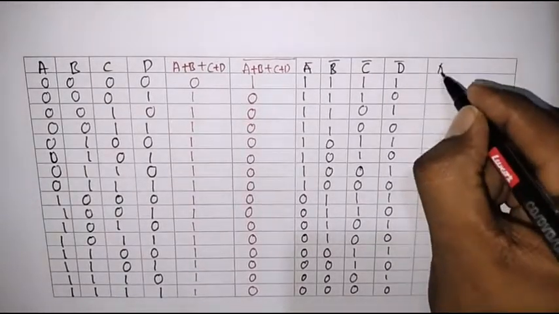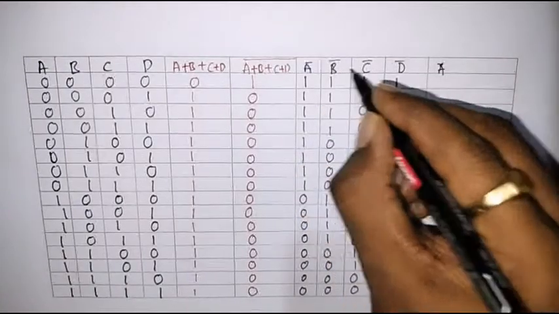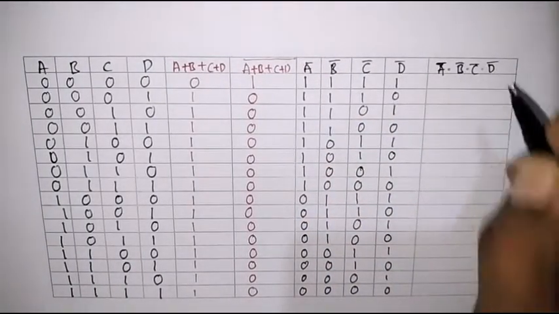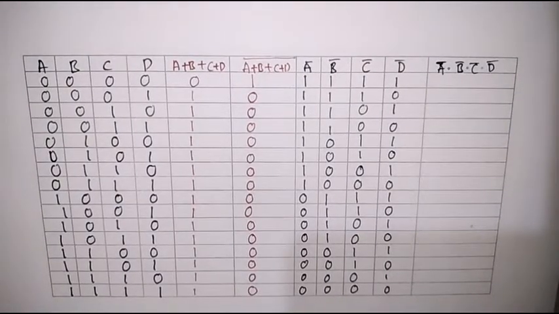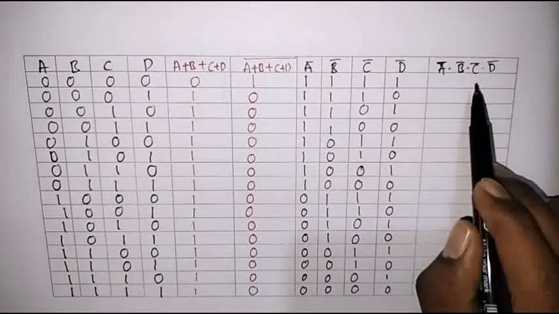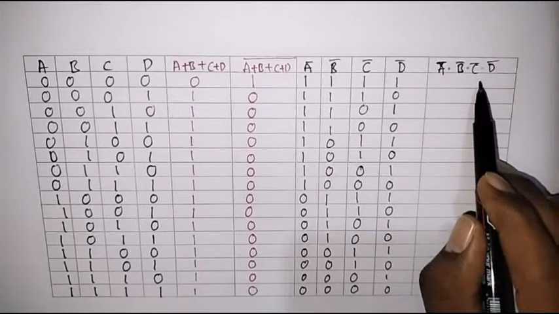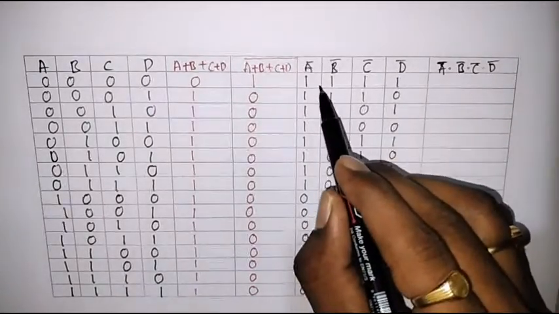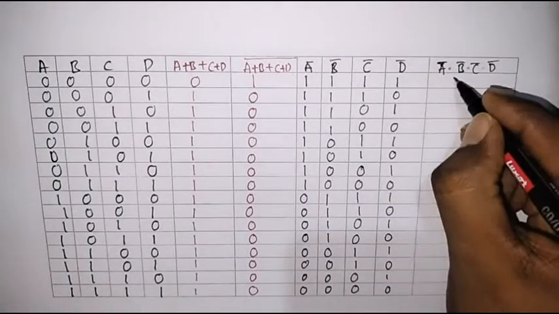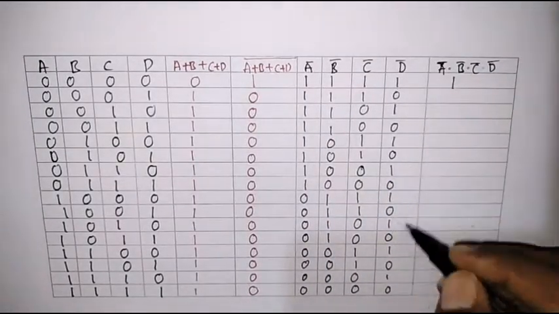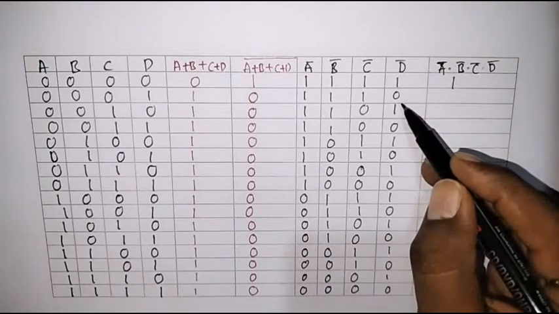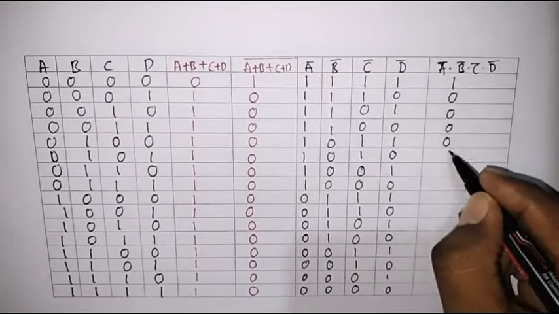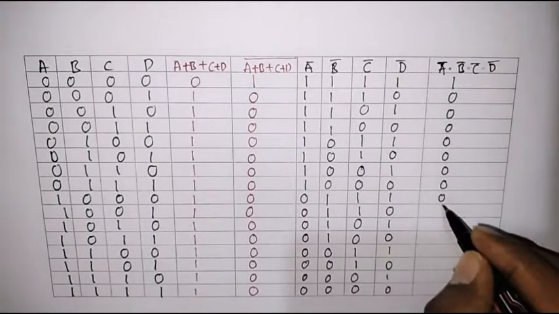Finally we'll perform the product between A bar, B bar, C bar and D bar. We know that product is nothing but the ANDing operation. The output of an AND gate is high only when all the inputs are high. So when all the inputs are 1, 1, 1, 1, its output is 1. In the rest of the cases there is at least one 0 in each row, therefore the output is 0.